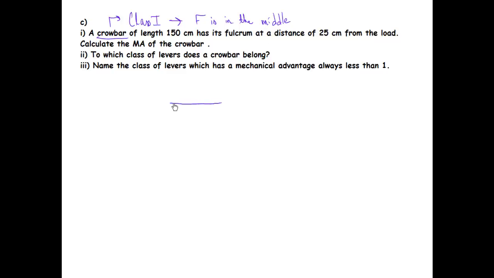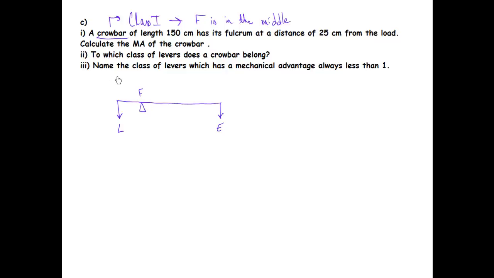So if I have to draw the schematic diagram of a crowbar, then the fulcrum will be shown somewhere in the middle, and the load will be on one side and the effort will be on the other side. Suppose the fulcrum is out here.